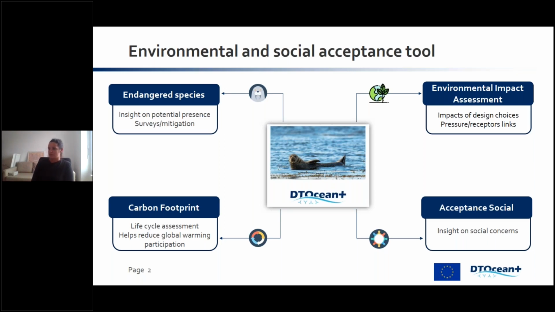The second feature assesses the environmental impact of the design choices that were mostly made previously in the other tools of DTOceanPlus, in terms of pressure existence and receptor sensitivity. We included a carbon footprint feature that conducts a life cycle assessment and will help the user to reduce their global warming contribution. And to add to the carbon footprint assessment, we also included another feature, the social acceptance, which provides some insight on other relevant social concerns.